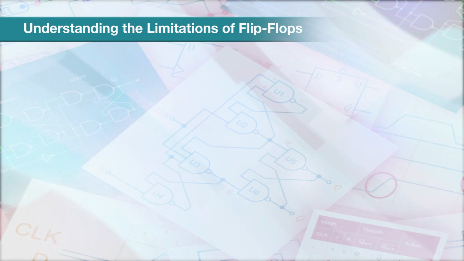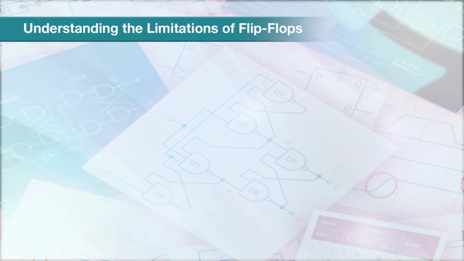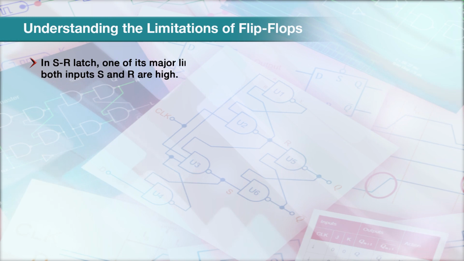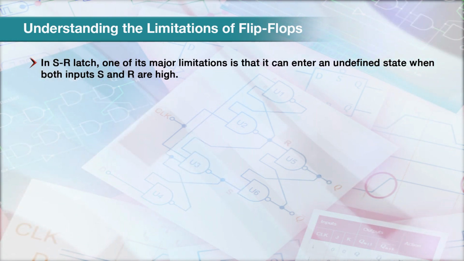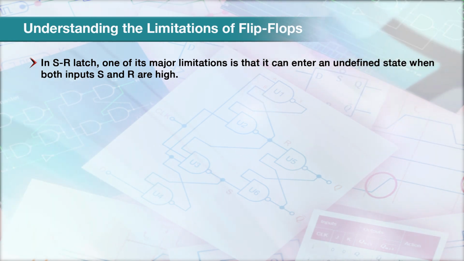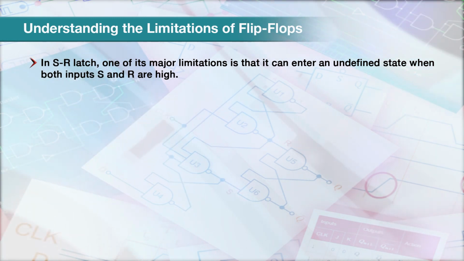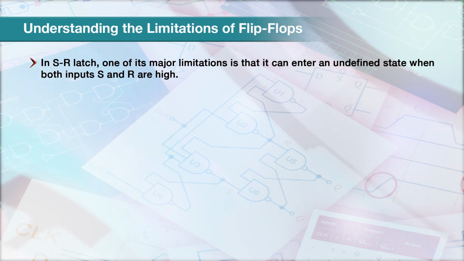Here we will discuss the limitations of various types of flip flops. The SR latch has one major limitation: it can enter an undefined state when both inputs S and R are high.